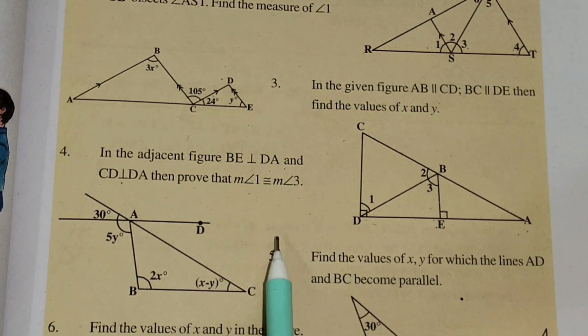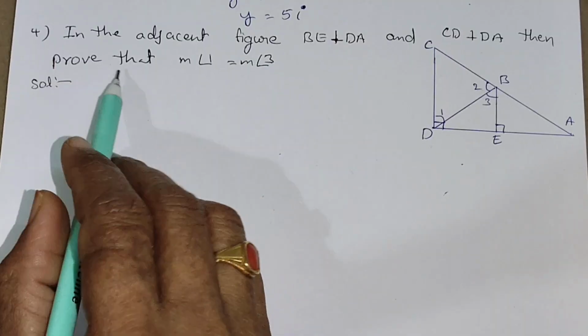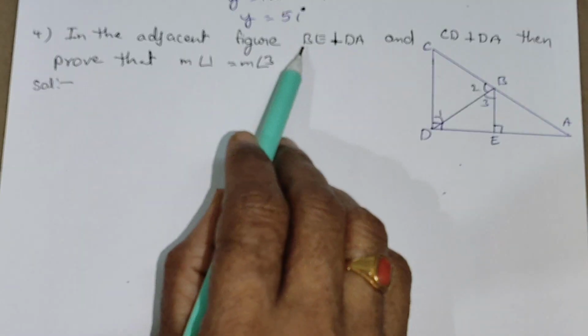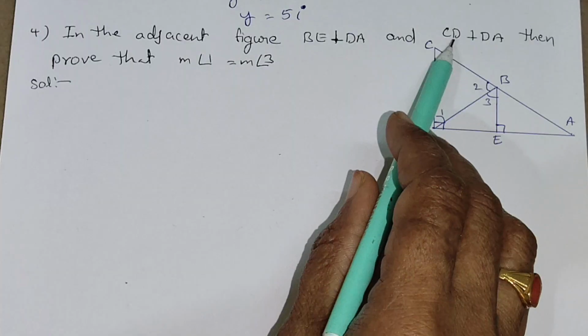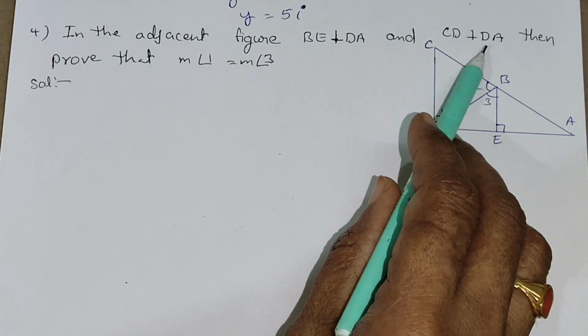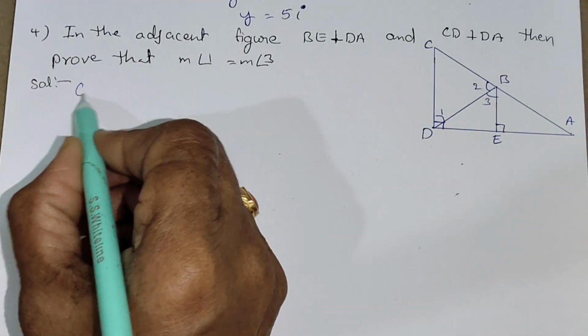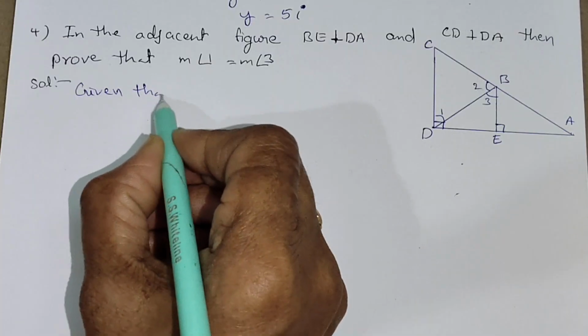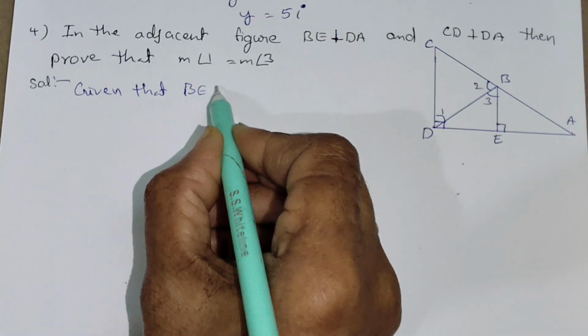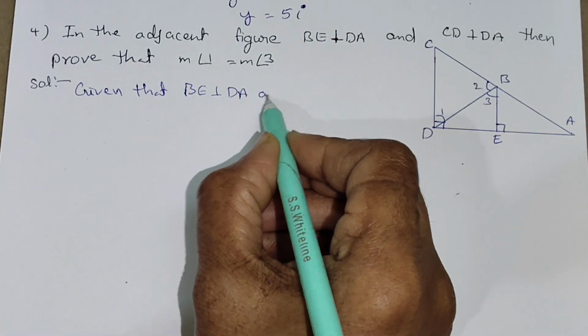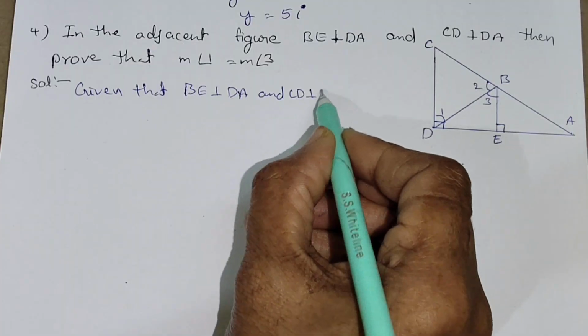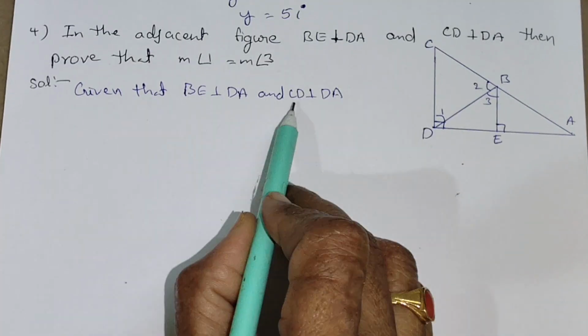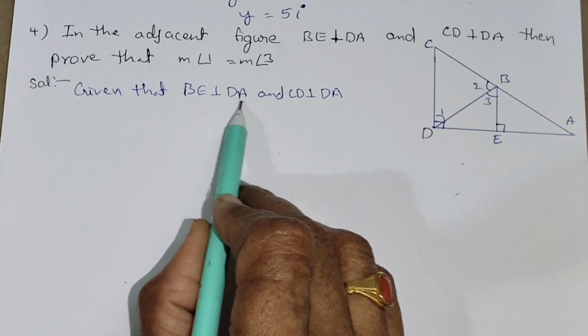So we prove this one. In the adjacent figure BE is perpendicular to DA and CD is perpendicular to DA. So first, given that BE is perpendicular to DA and CD is perpendicular to DA.